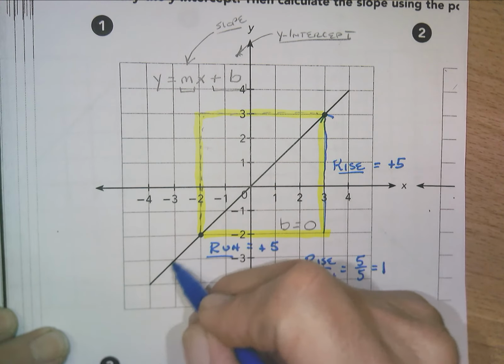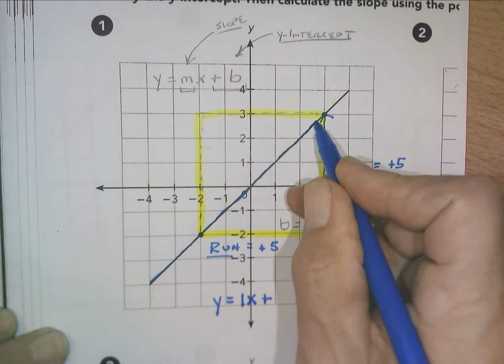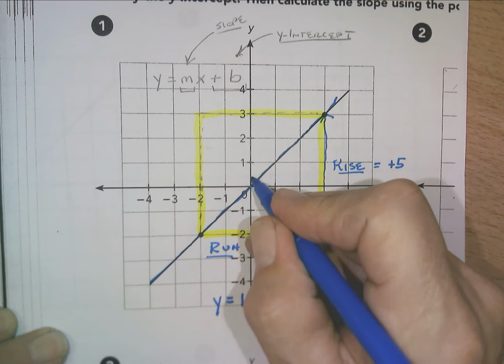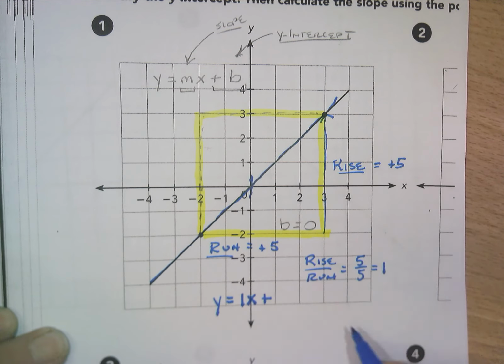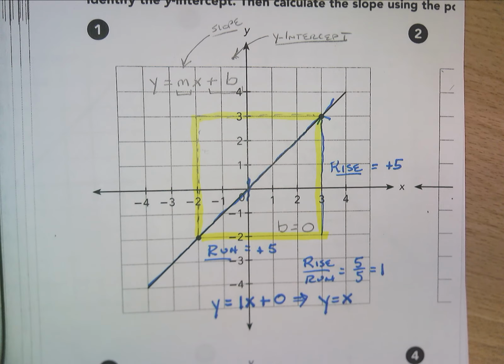That's where this line crosses the y-axis, right here at 0. Only we would not write it that way. We would simply write y equals x. We don't write the 1 in front of the x, and we don't need the plus 0. Let's do another one.